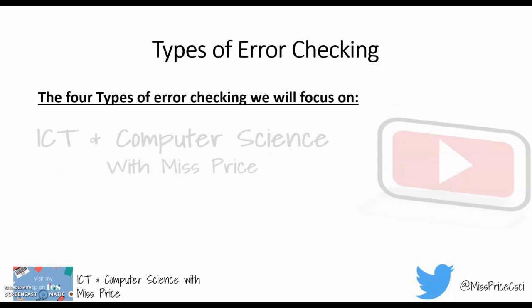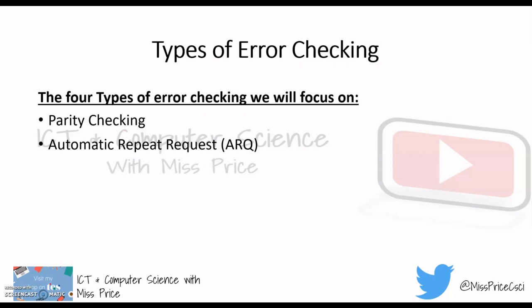But we're going to look at four different types of error checking. In this video today, we are going to look at parity checking, automatic repeat request, known as ARQ, sometimes known as automatic repeat query, checksum, and echo checking. We're going to go through all of these in today's video.